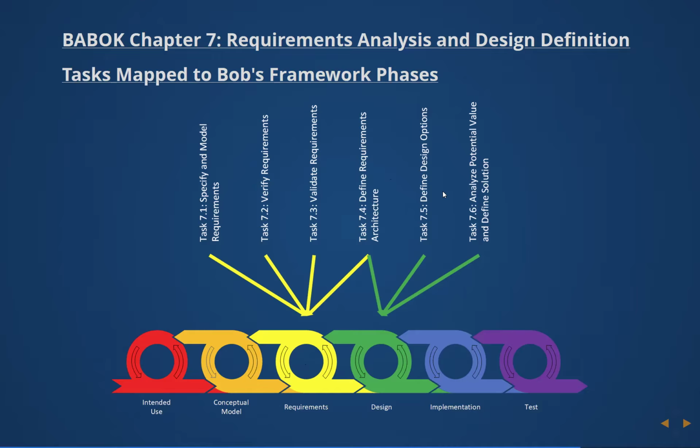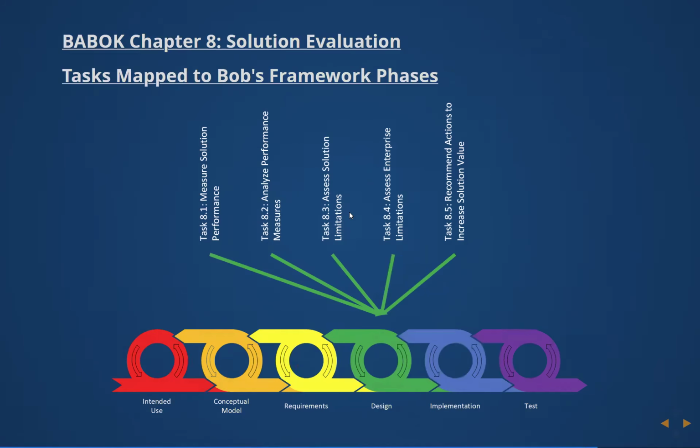Then we'll define design options. Then we'll analyze the potential value of each and pick the best one. So Chapter 8, as it turns out, is really all about doing that last task in the previous chapter.